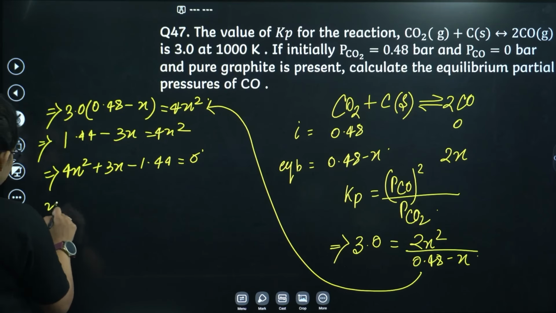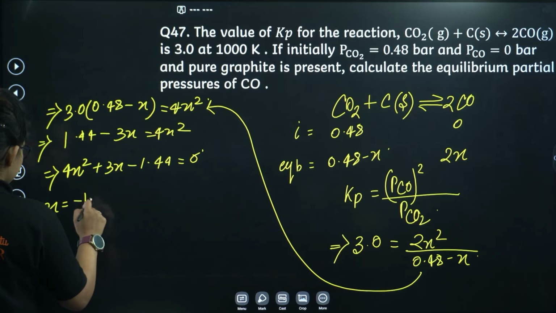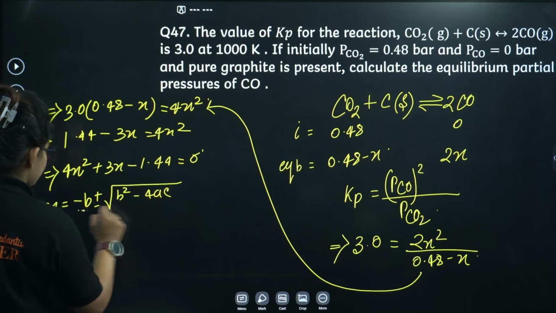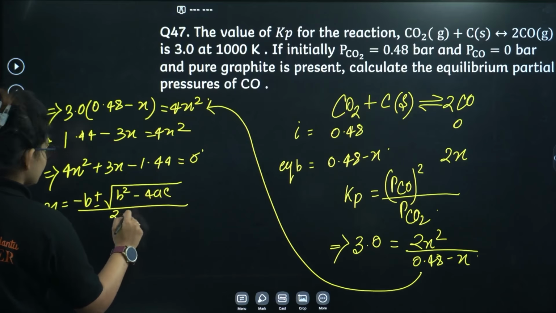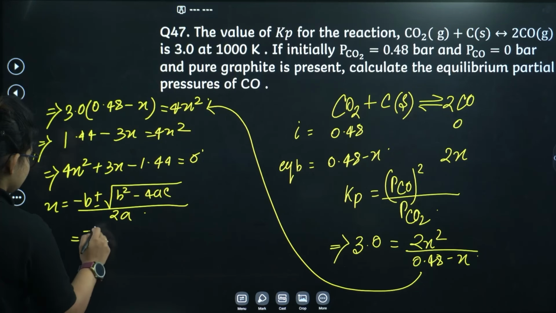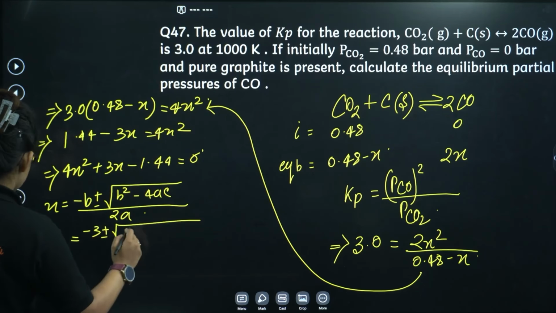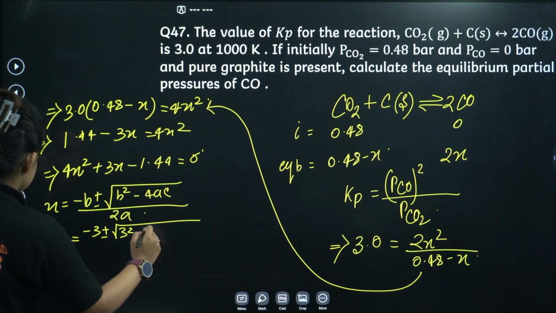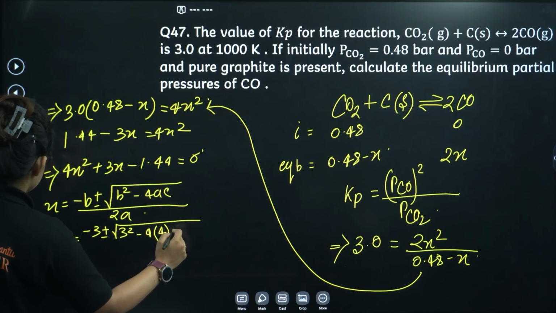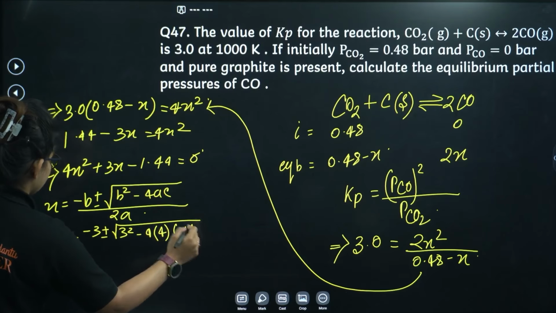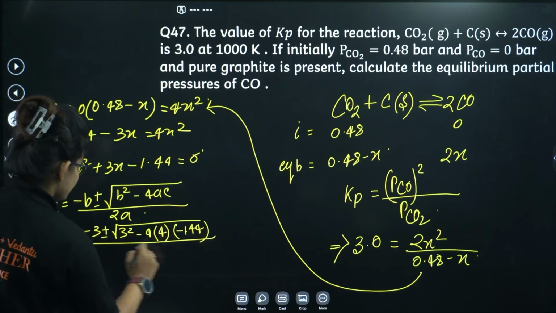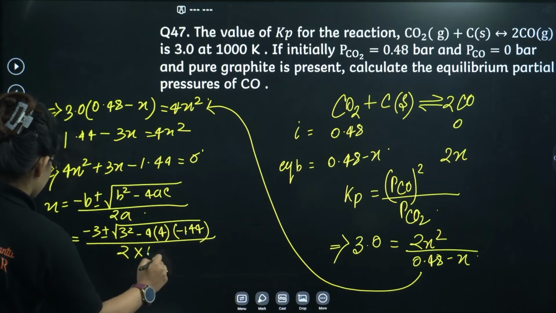Now if I solve with the Sridharacharya formula, that is minus b plus minus under root b square minus 4ac, divided by 2a, putting the values: minus 3 plus minus under root 3 square minus 4 into 4 into minus 1.44, divided by 2 into 4.